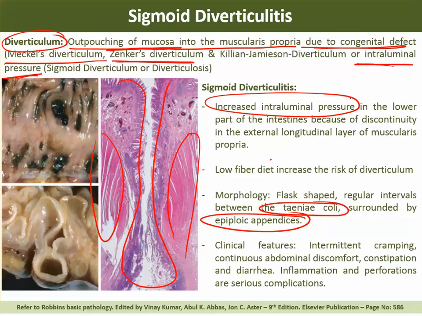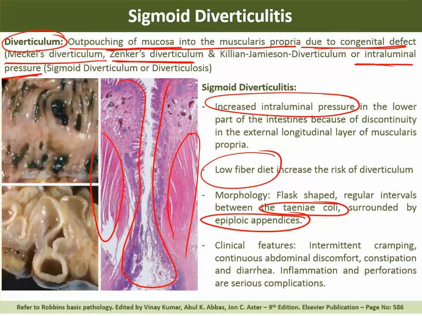If the person is taking a very low fiber diet, because a high fiber diet is good, a high fiber diet will not cause constipation. If the person is taking a low fiber, high fat diet, it will cause constipation. So these are the reasons for diverticulum.